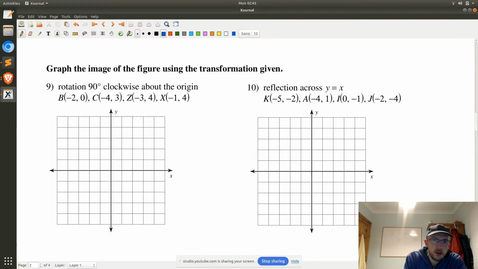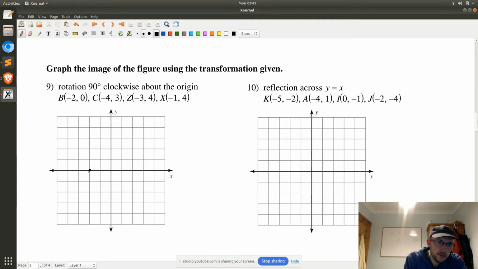Graph the image of the figure using the transformation given, rotation 90 degrees clockwise about the origin. Okay, so what you do is you do the figure first. So B is -2, 0. No, a little bit too thick.